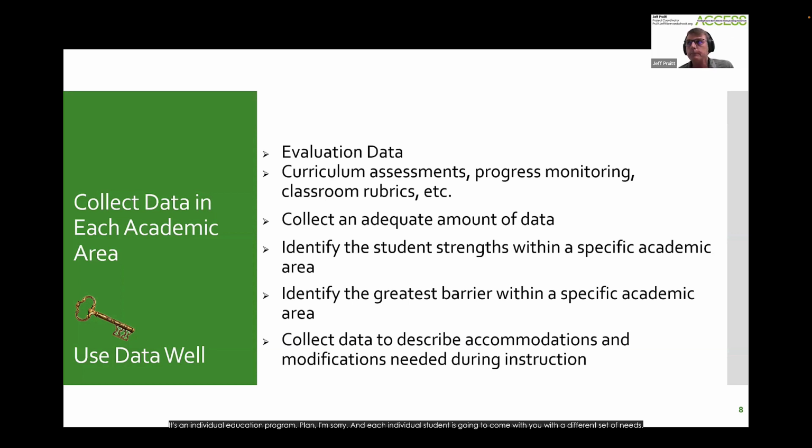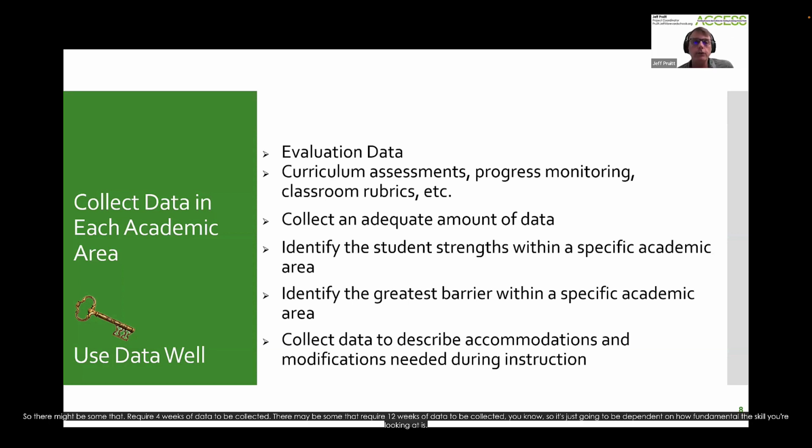Each individual student is going to come with a different set of needs. There might be some that require 4 weeks of data to be collected, and some that require 12 weeks. It's dependent on how fundamental the skill you're looking at is and how involved that data collection might be.